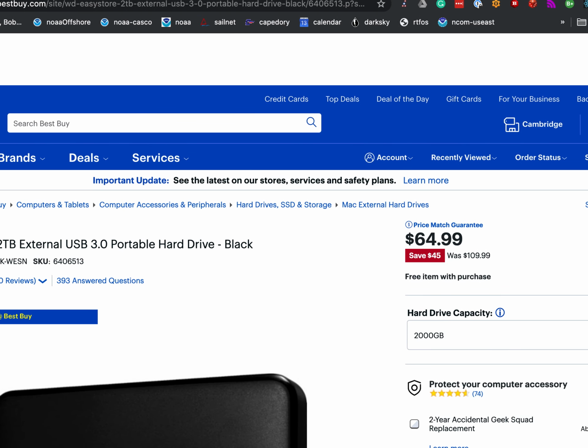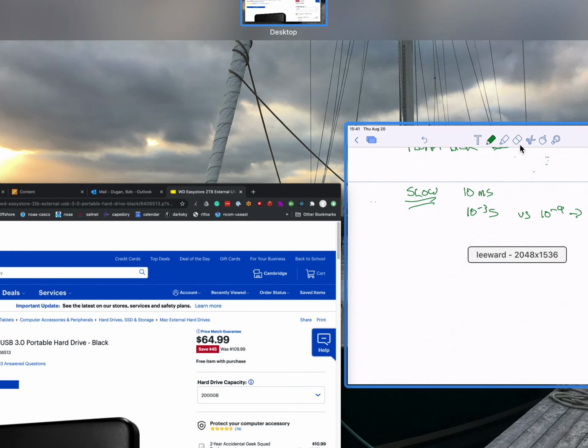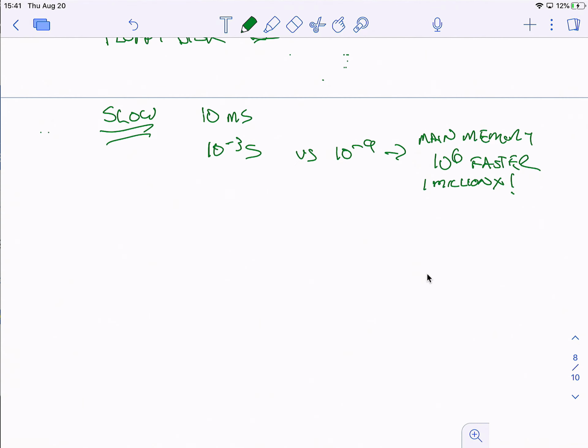All right, so if I go back here, what I want to figure out is how much does it cost per gigabyte for memory? So for a disk, it's $65 for 2 terabytes. So the question is, how much is it per gigabyte?